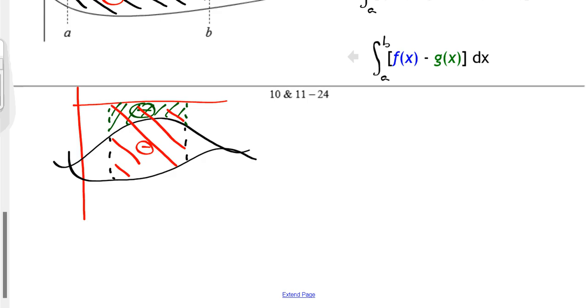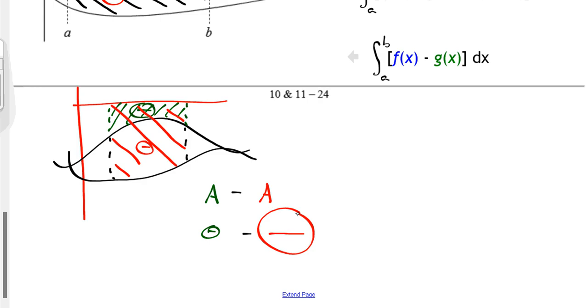So I'm going to do, let's say that's top area, and I'm going to subtract the bottom area. So the top one is negative, so this is going to be some negative value. But then here I'm going to subtract a bigger negative value, which means it's going to be positive. There's my very mathematical description, but does it make sense?